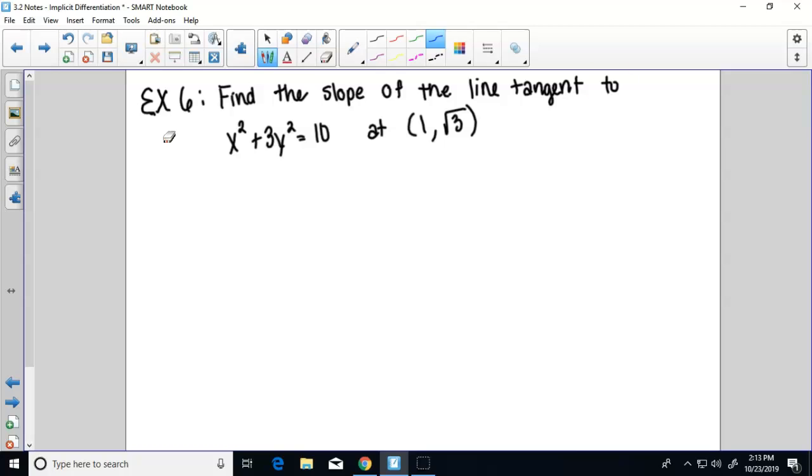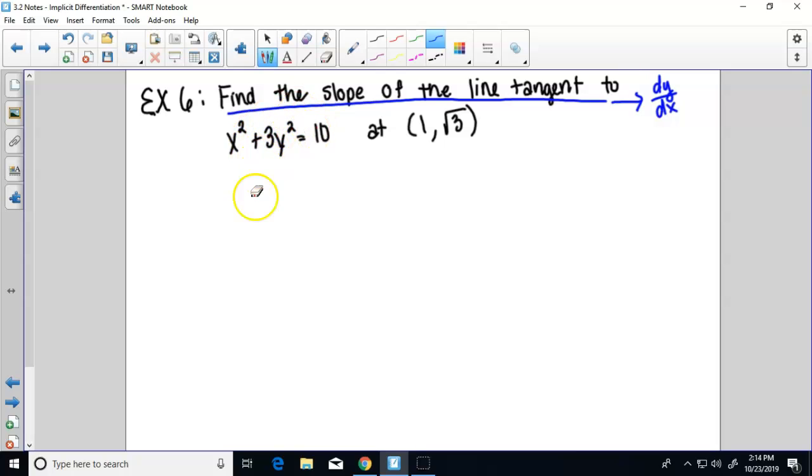Whenever it says slope of the line tangent to, that's asking for dy dx. That's what we're looking for here, and we have to find it at this point 1, square root of 3. So we've got to plug that in whenever we find it.